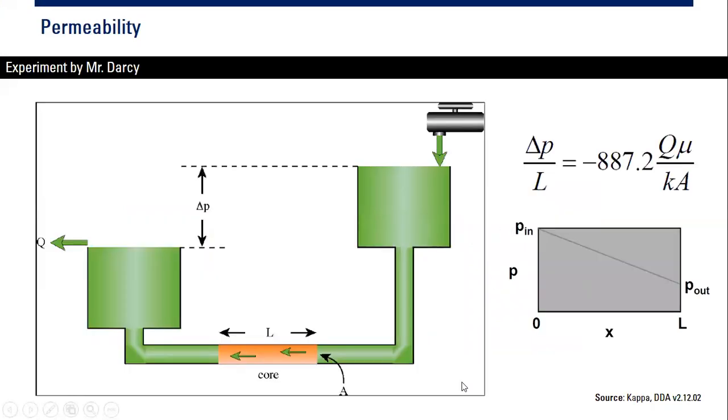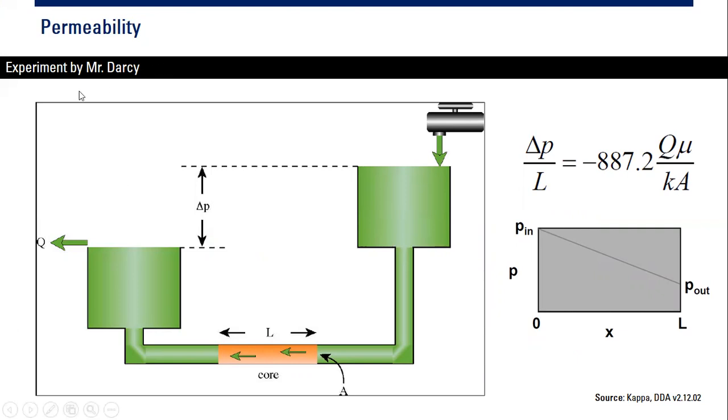Based on theoretical experimentation, we can get permeability using this experiment. This was done originally by Mr. Darcy, from whom we get the unit millidarcy.